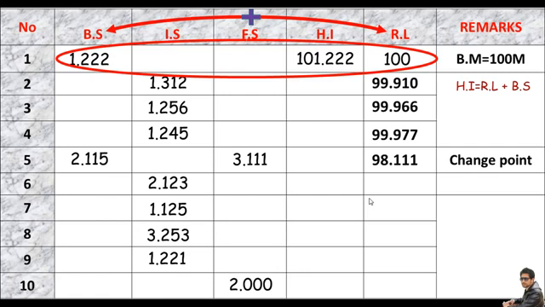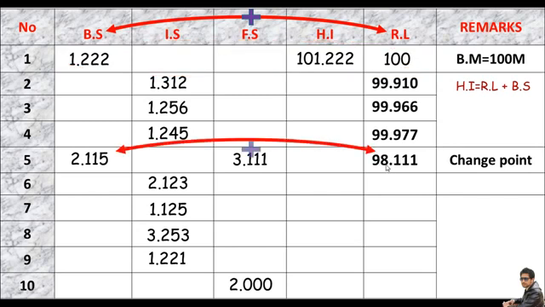So of course we know the same formula: HI equals RL plus backsight. I'll add these two to get the HI, and you must get HI equals 100.226. The method is the same now.